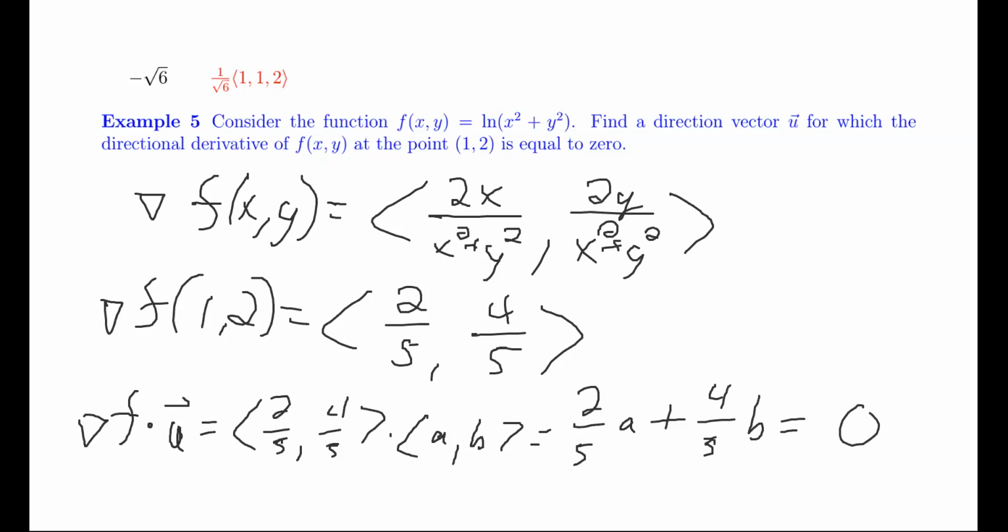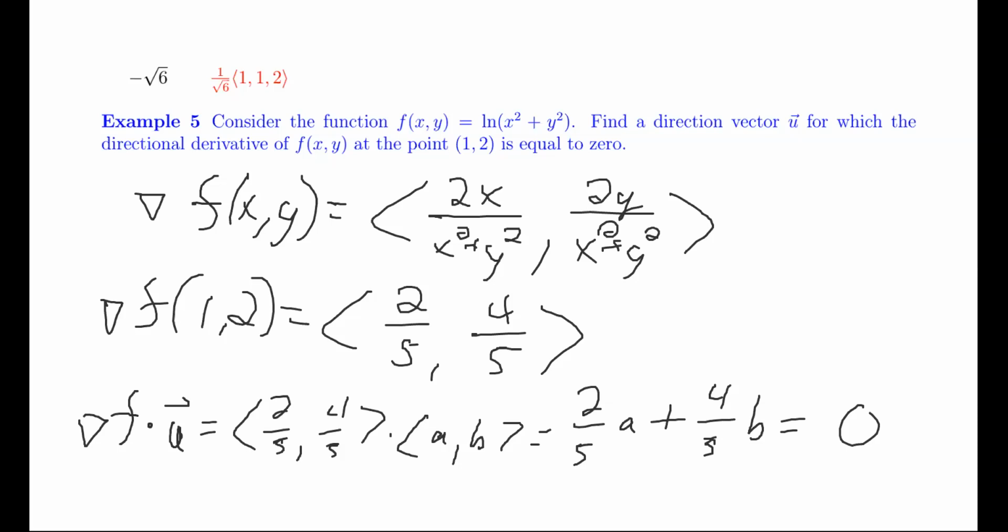Well, just by observation here, you could recognize that a is 4/5, b is 2/5, so then we need to make one of those negatives. We can choose either one, or we can solve for a in terms of b. So how about we do that?